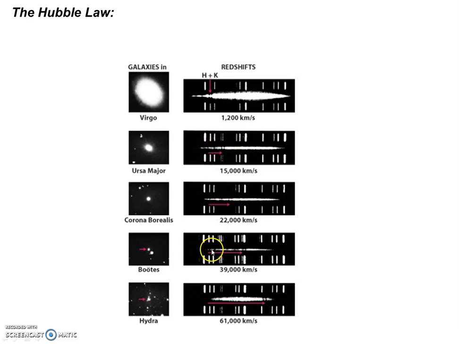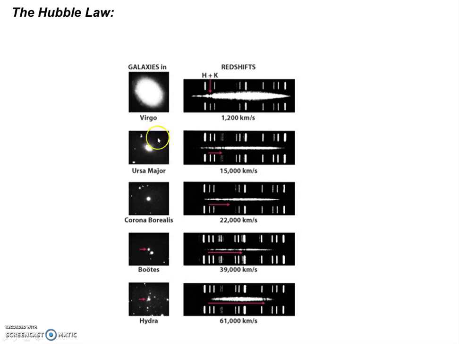Remember, redshift is where the spectral lines are shifted toward the red, and the more they are shifted toward the red, the faster the object is going away from us. So what Hubble discovered was that all galaxies are going away from us, but in a very linear fashion.